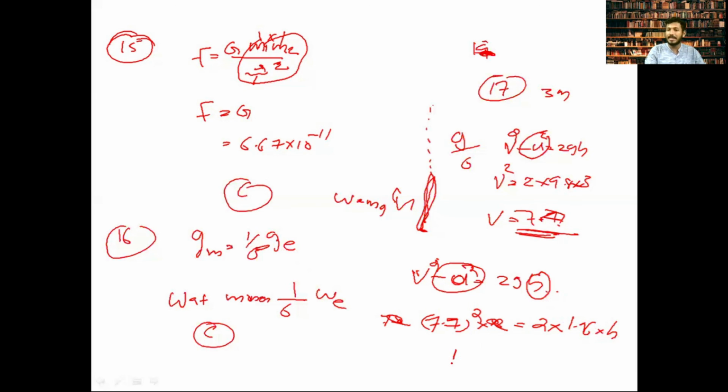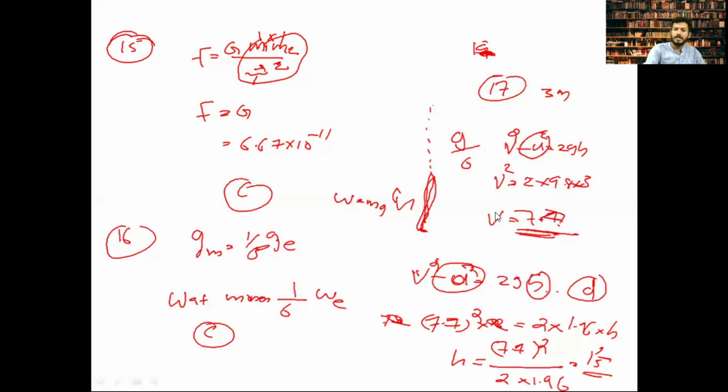We have to calculate h. So h is 7.7 the whole square divided by 2 into 1.96. By calculating, we get 15. So 15 is the answer, option D. Question number 17 is also done.